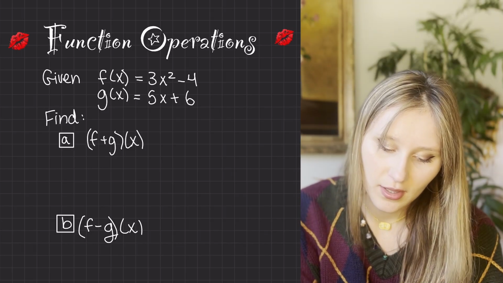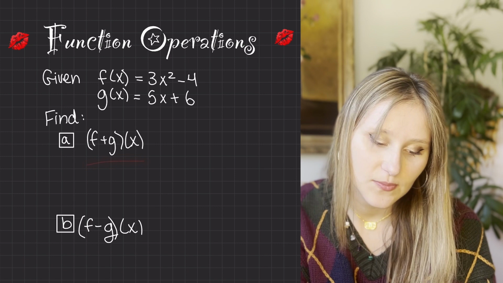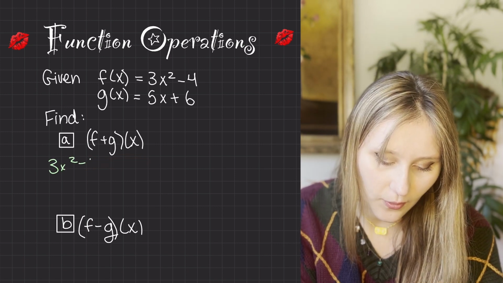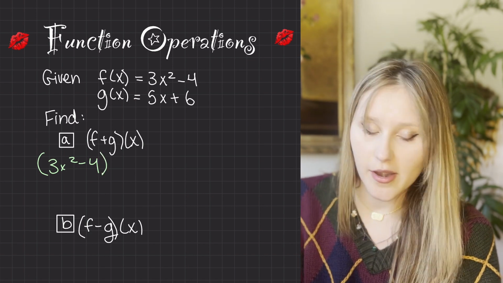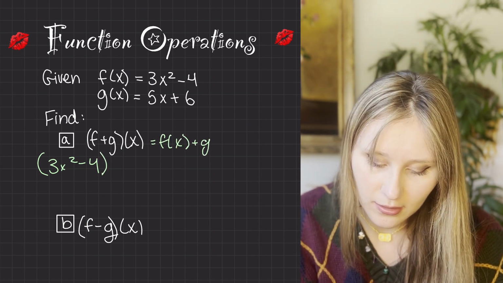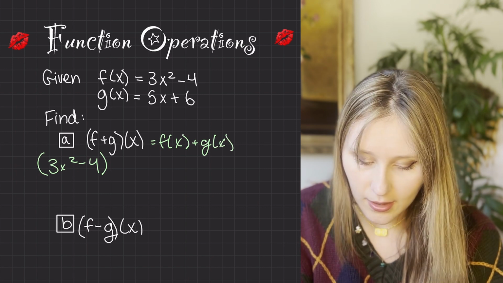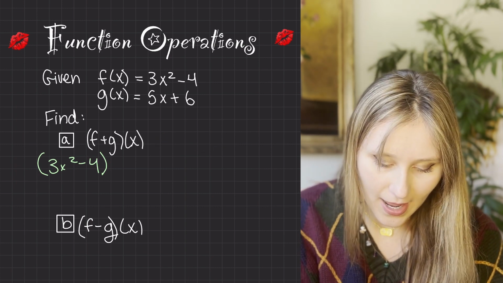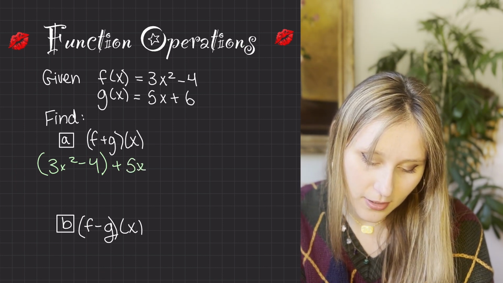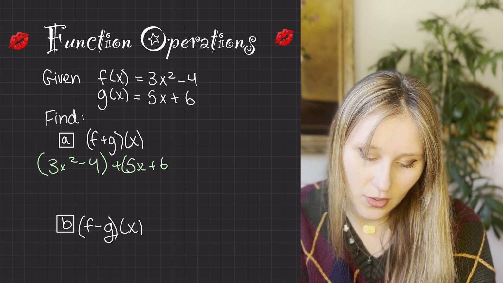Why don't we do some examples? Adding and subtracting. f plus g of x. What is that going to be? That is 3x squared minus 4, the f part, because this is f of x plus g of x. So we have the f part, and we're going to add 5x plus 6.